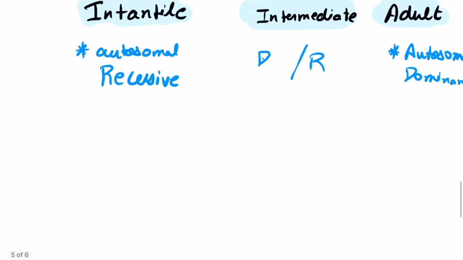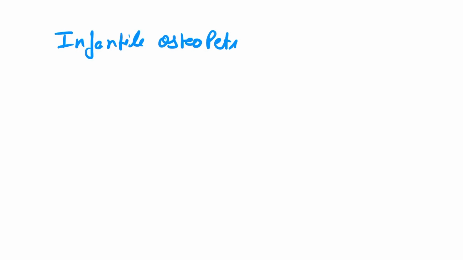Okay, so first of all we'll discuss infantile osteoporosis. Now this occurs in younger age group. Obviously it's infantile, it will occur in babies only. In this there will be a continuation of the bone formation without any resorption.